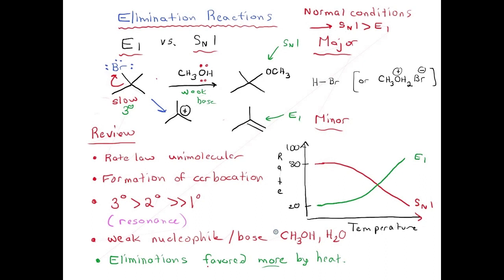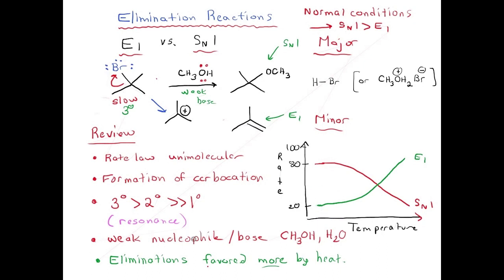There's a greater entropy factor in an elimination reaction than there is for the substitution reaction. If we need to review that, there is a video on that subject that we can go over: more things form in an elimination reaction than in a substitution reaction. So there's going to be a greater entropy term, and that becomes important for the thermodynamics of the reaction.